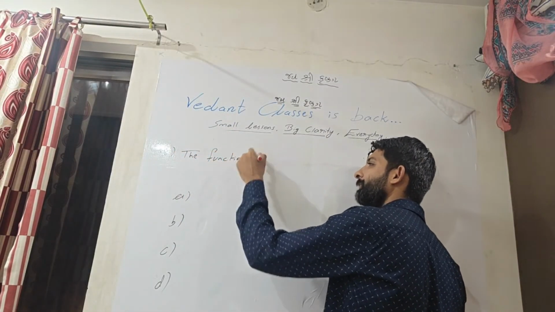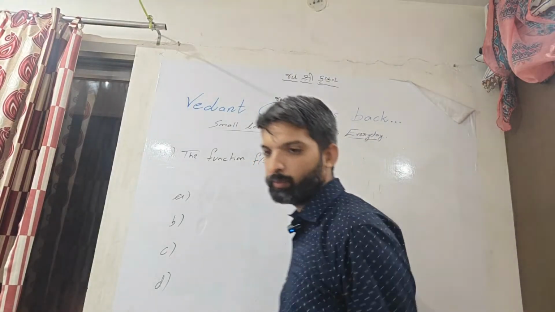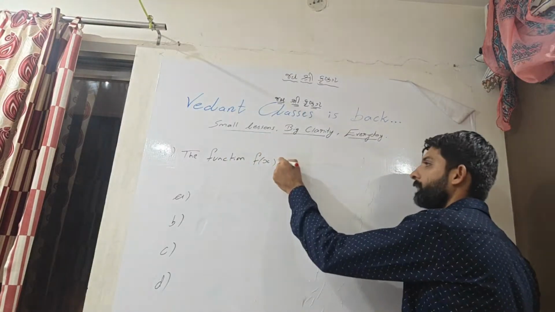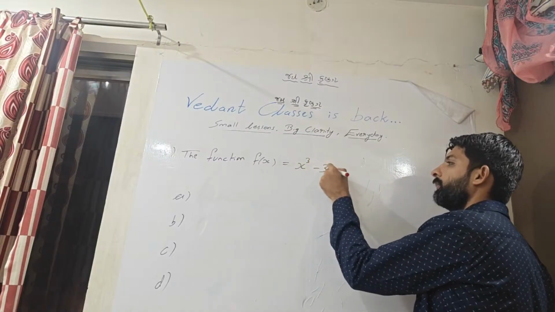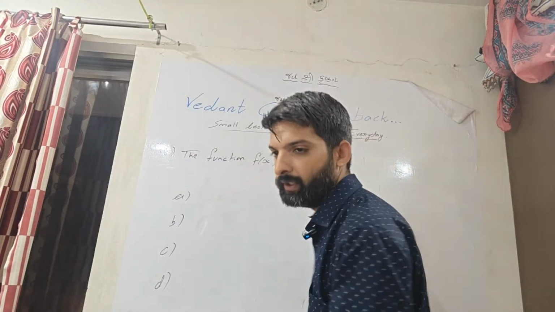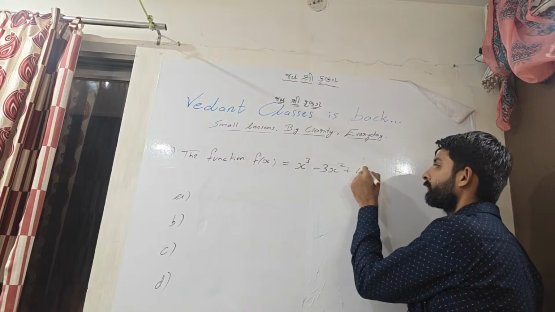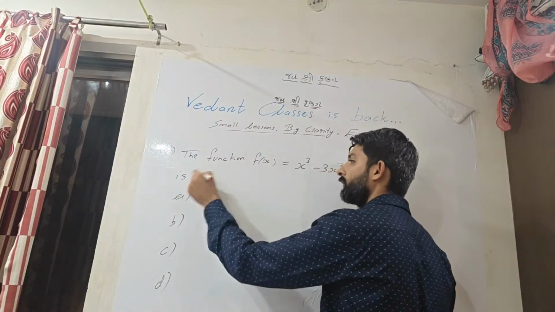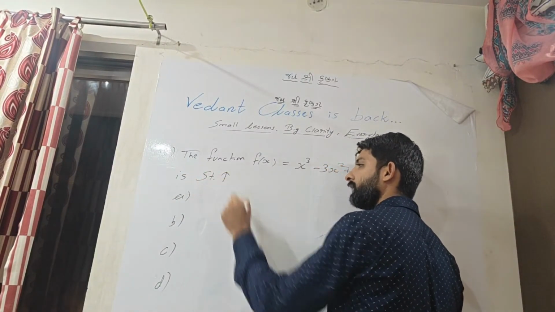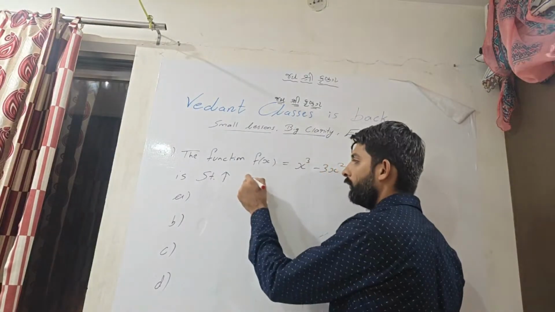The function f of x is equal to x cube minus 3x square plus 4x is strictly increasing on which interval?